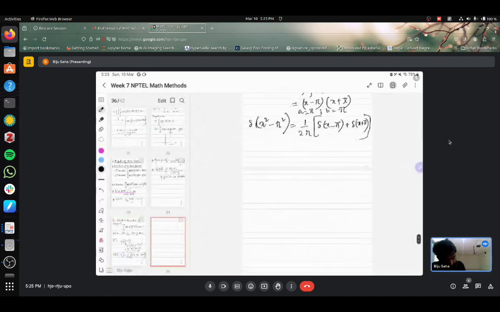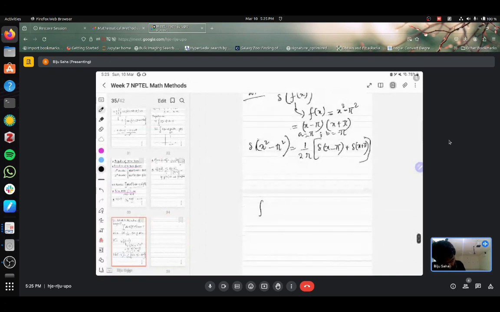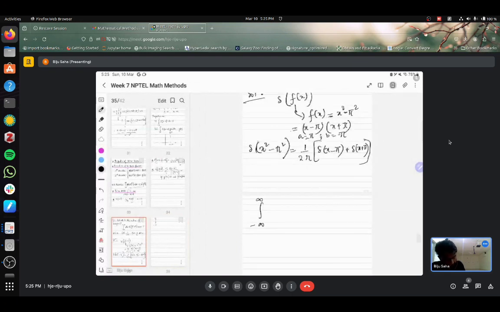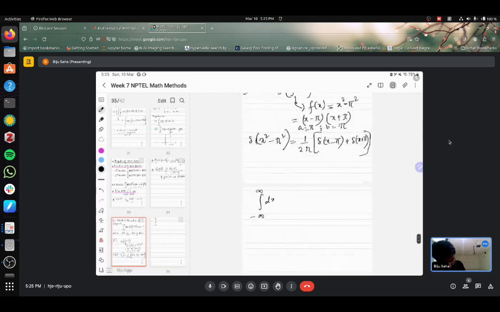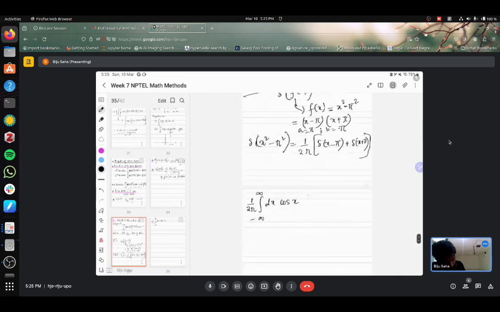So with that definition you can easily carry out the integration now, dx cos x times 1 by 2 pi, and there is cos x is this.